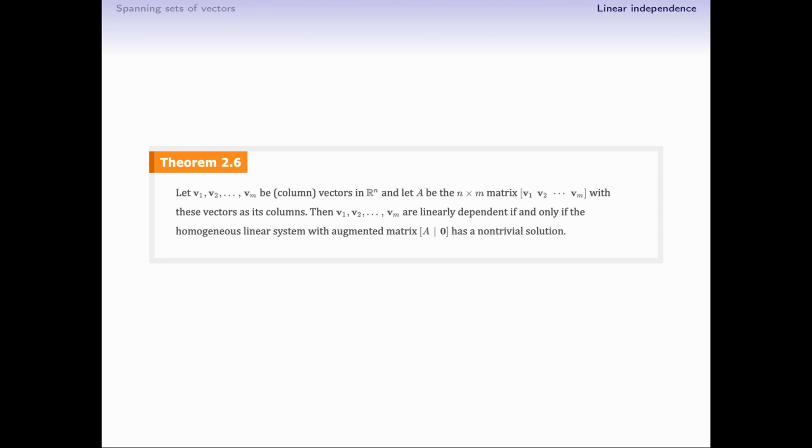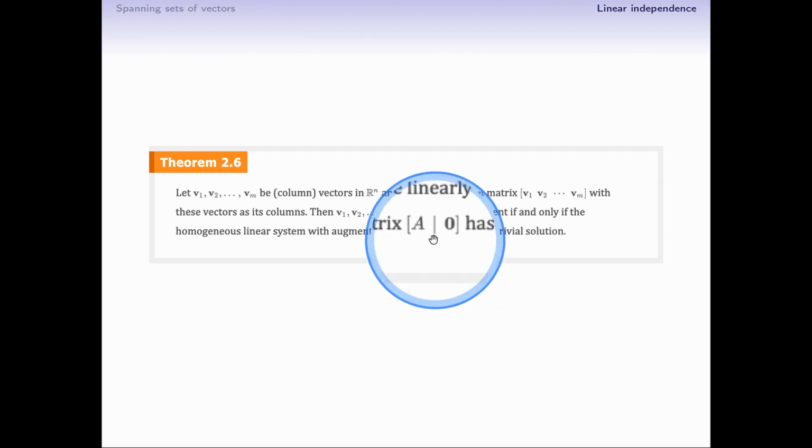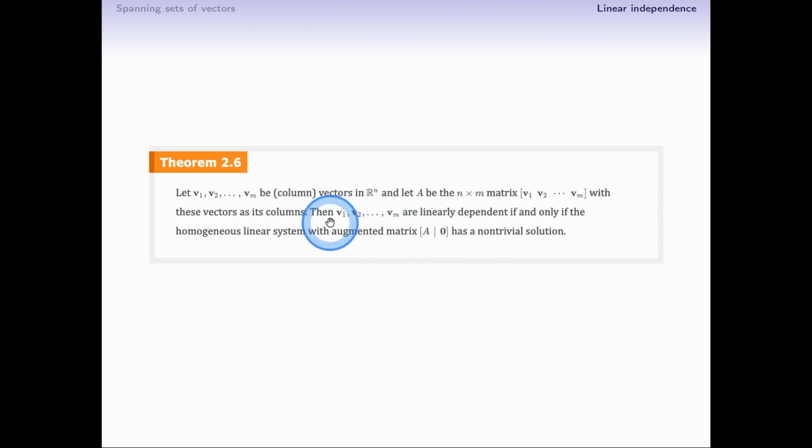It says, form a homogeneous system, look at its solution set, and depending upon whether it has only the trivial solution or something other than the trivial solution, that will tell us about the linear independence or linear dependence of that collection of vectors. Okay, so this is one way that we'll use Theorem 2.6 as a way of testing linear independence and linear dependence.